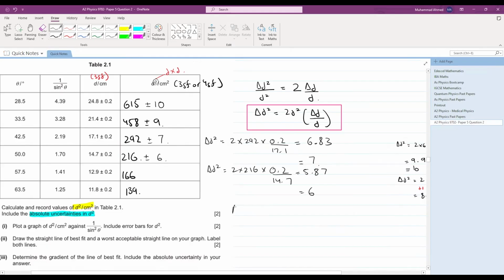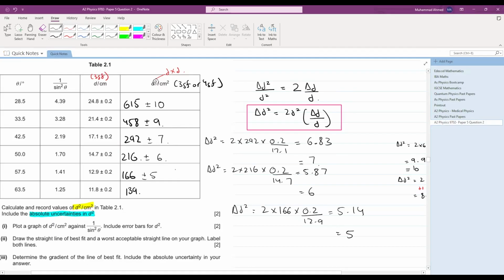Let's do the fifth row as well. The absolute uncertainty in d square is equal to what? 2 into 166 into 0.2 divided by 12.9. This comes out to be 5.14. If converted to one significant figure, this will become 5, plus minus 5.